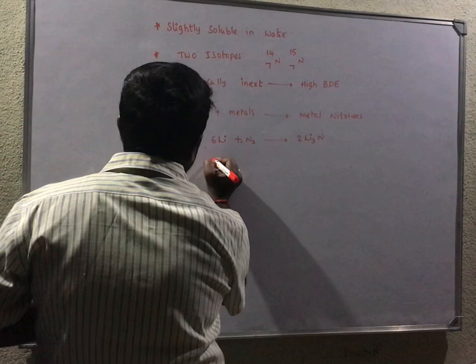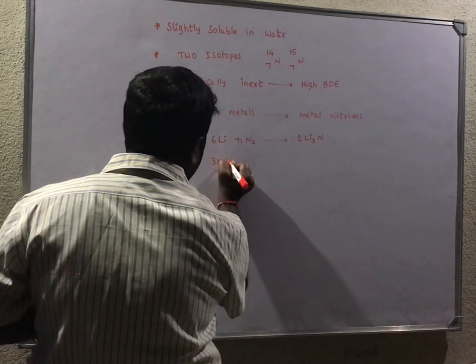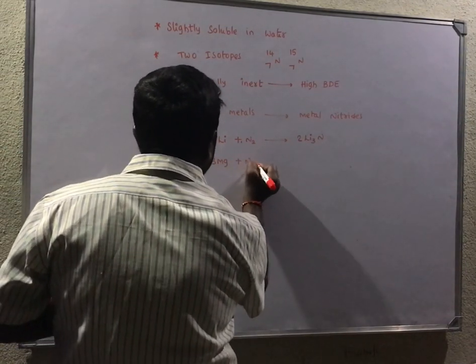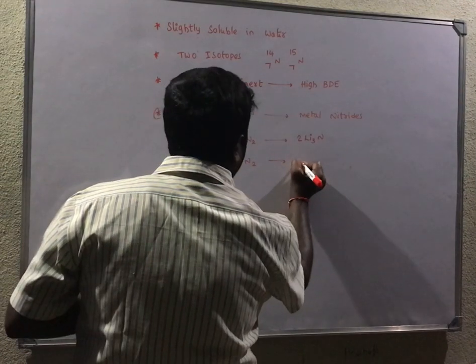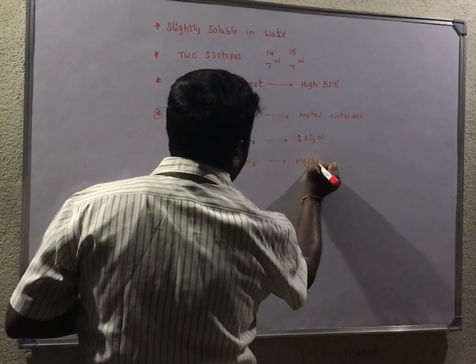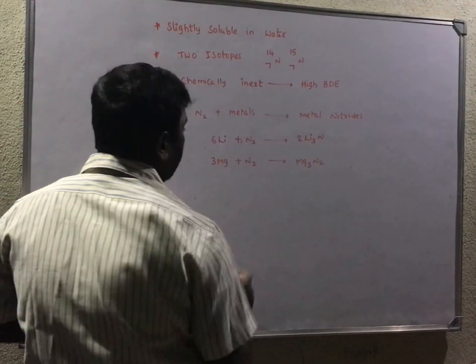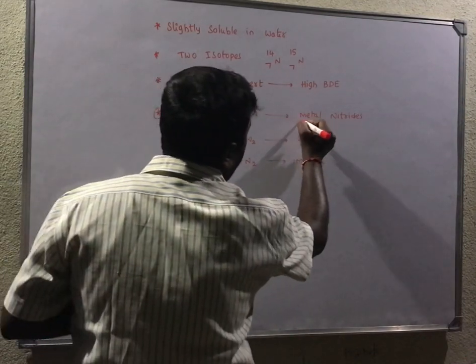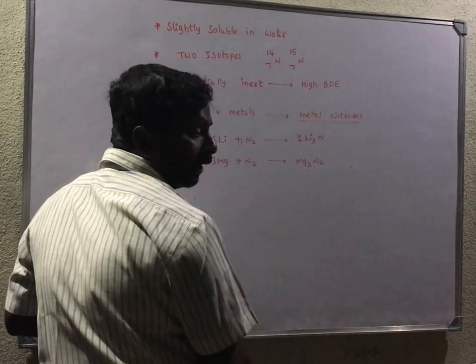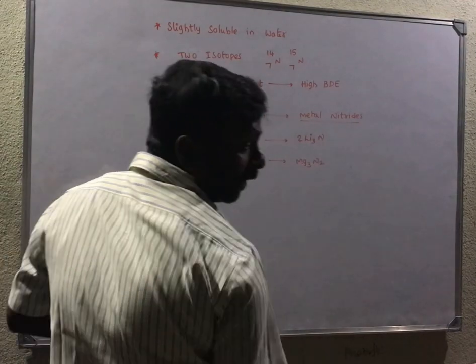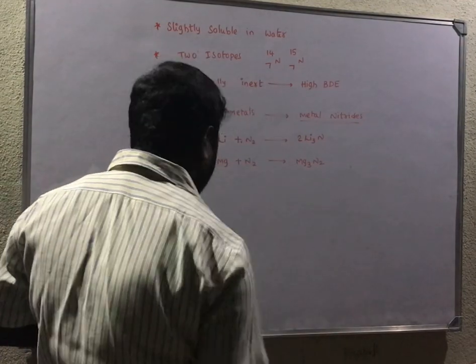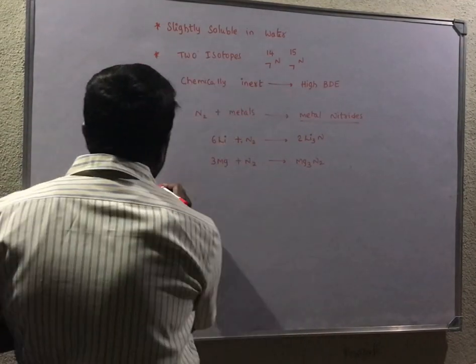Then magnesium reacts with nitrogen to form magnesium nitride. So that is the general form of metal nitride. Lithium gives lithium nitride, magnesium gives magnesium nitride.